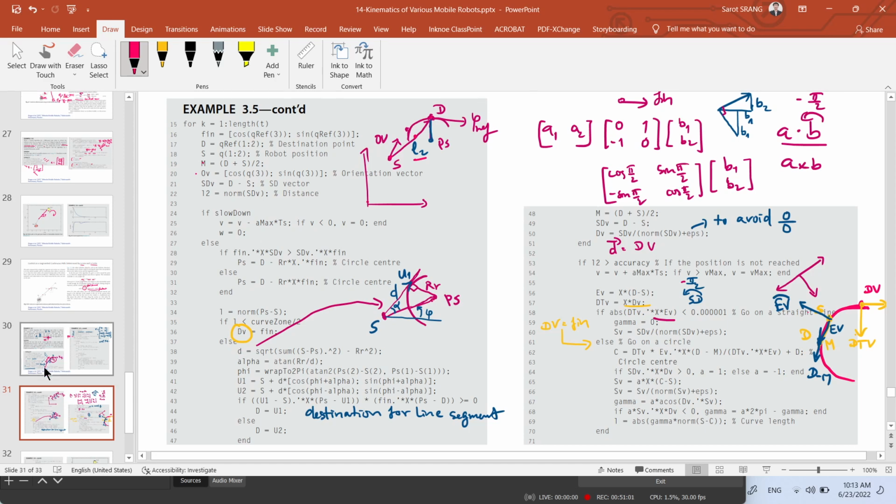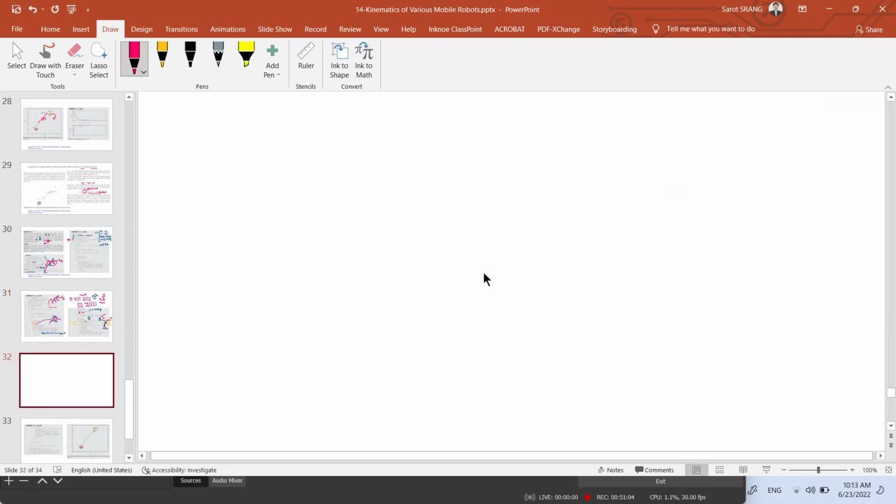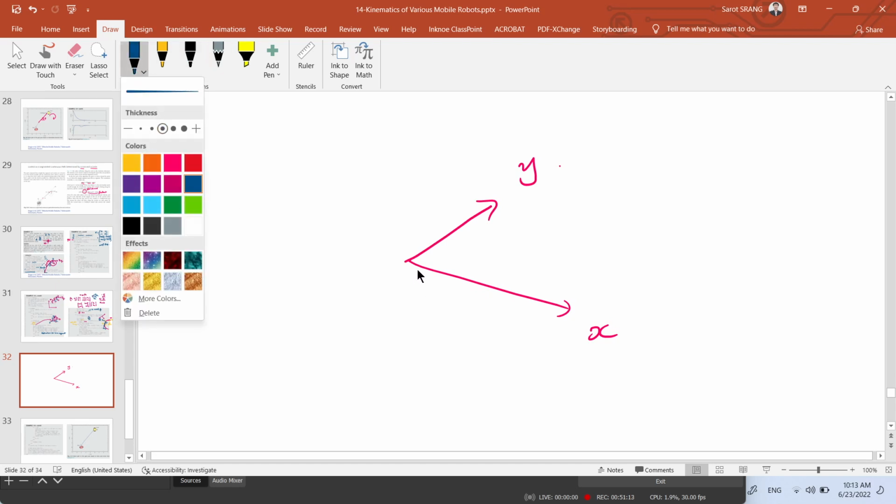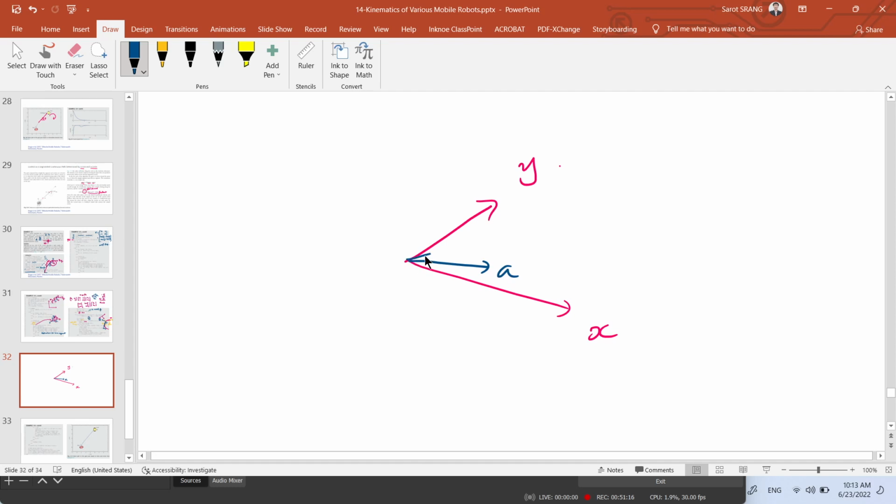Okay, I think I should draw it like this. So if I have a plane x and y, and two vectors in the plane, let's say this is A, this is B, and I want to compute A cross B. I get a vector C like this, and this vector C has a component on the z axis only.